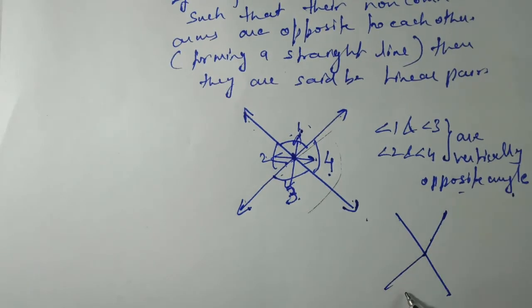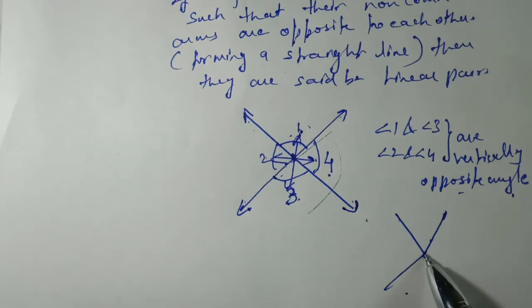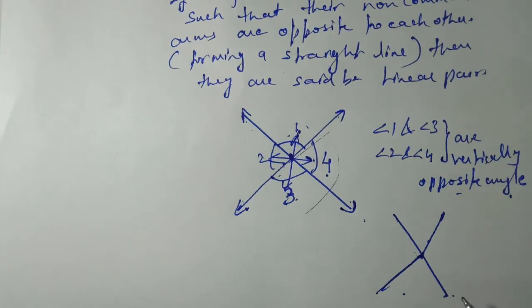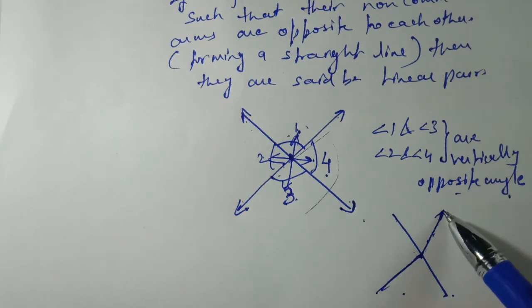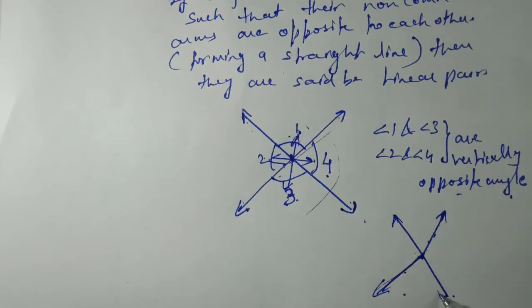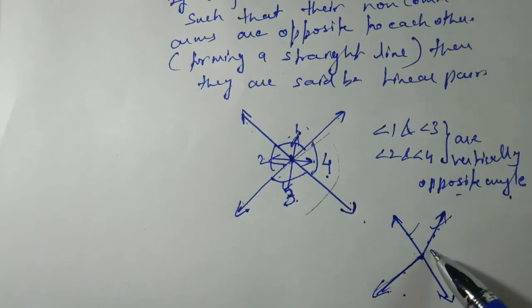If you see this figure carefully, here also we have 4 angles, but the lines are not intersecting lines. This line seems to be a straight line, but this is one ray, this is another ray. These two rays are not forming a straight line, so we cannot say these two are intersecting lines.